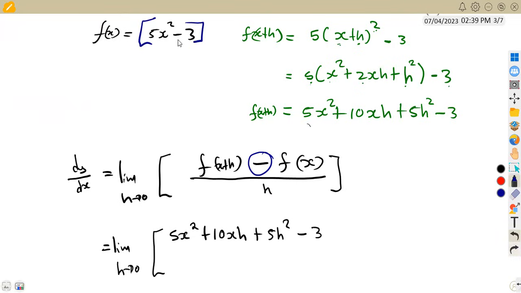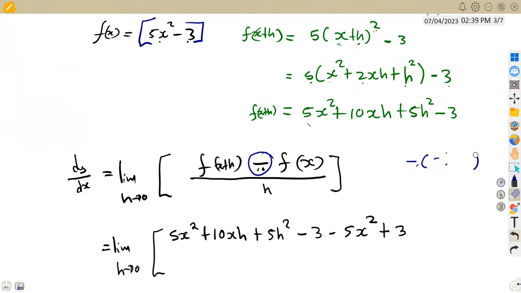Everything here is going to be affected by minus. So that means here we are going to have minus times 5x squared, which is minus 5x squared, minus times minus 3, which is going to be a plus 3. Or you can simply open a bracket, minus into 5x squared minus 3. Then you expand your brackets on another stage, which is fine.